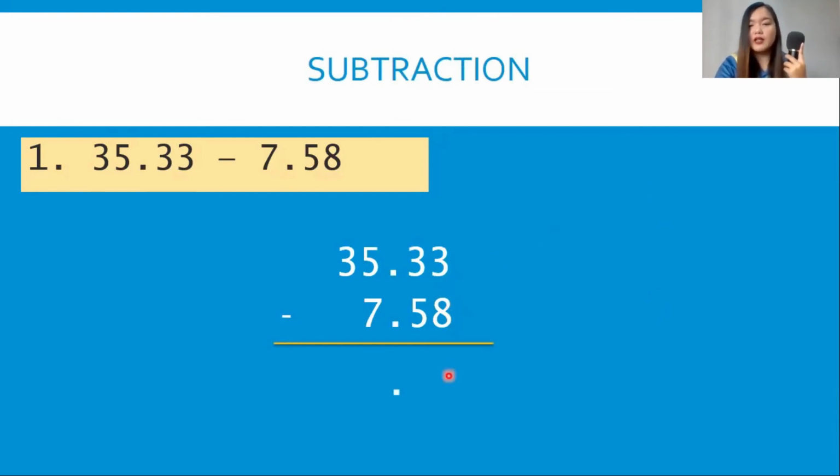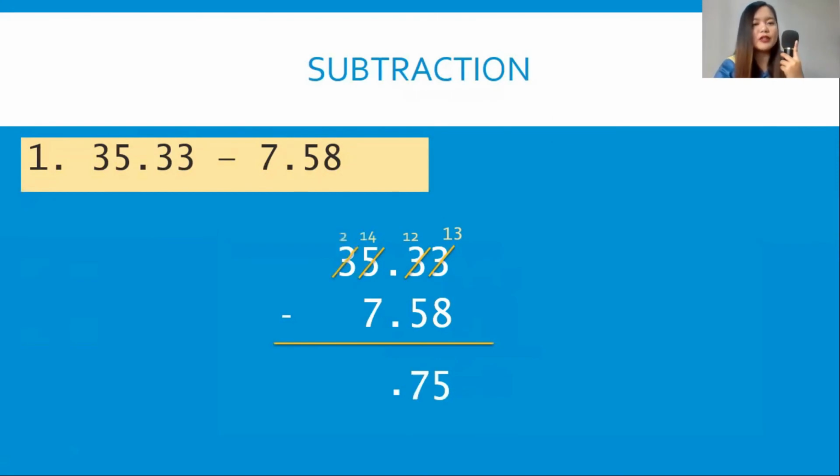3 minus 8 cannot be, so let's borrow 10 from the next place value, and this becomes 13, and this becomes 2. So 13 minus 8 is 5, and proceed to the next. 2 minus 5 cannot be again, so again borrow 10 from the next place value, and that's 12 now.